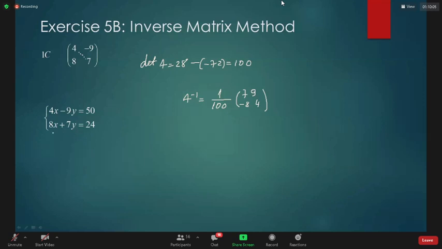And now to find the system solutions, remember that X is inverse matrix times B, and the matrix B is, as we see, 50, 24. So we have 1/100, 7, 9, minus 8, 4, multiplied by 50, 24.